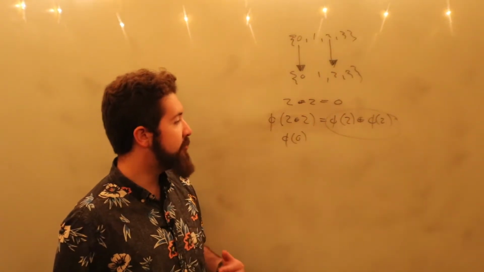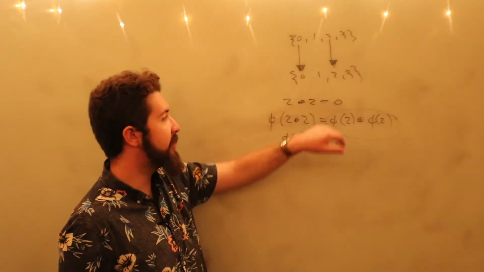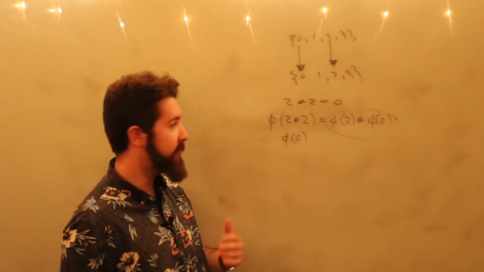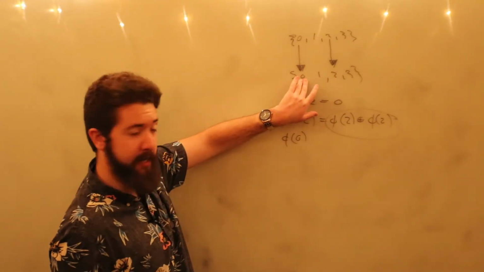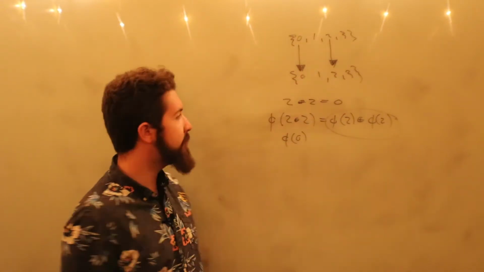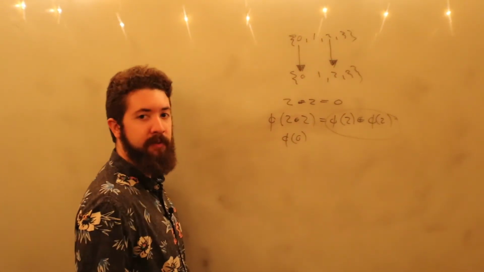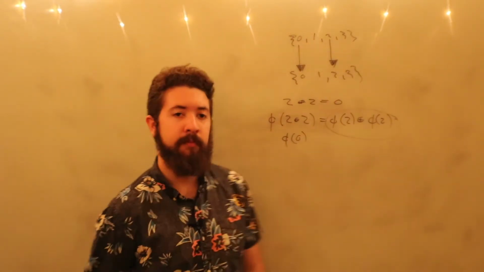But this can only be true if the element it gets mapped to is also 2, because it is the only idempotent element, if you will. The only element other than the identity, which it plus itself is equal to the identity. Thus, any automorphism from the set to itself has to map 0 to 0 and 2 to 2.